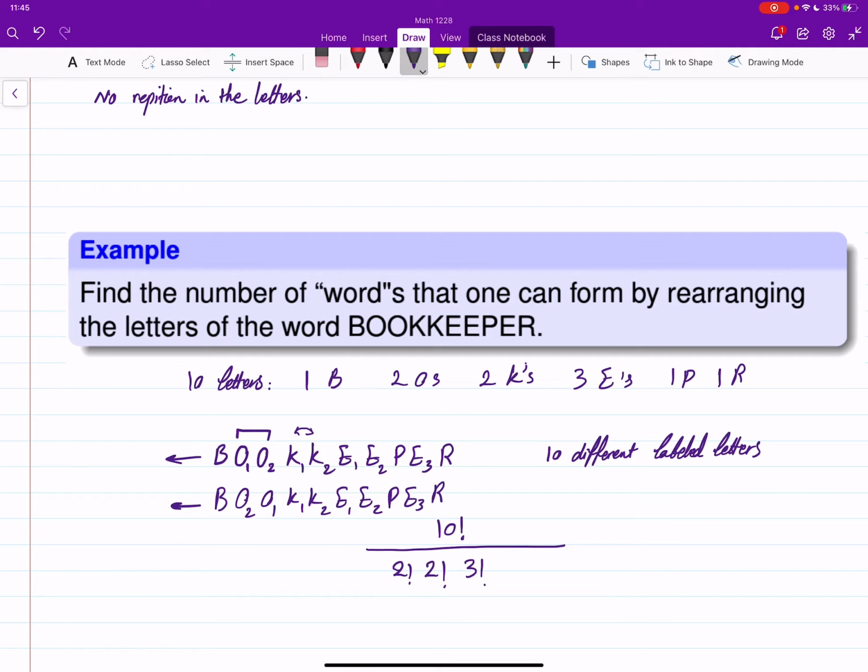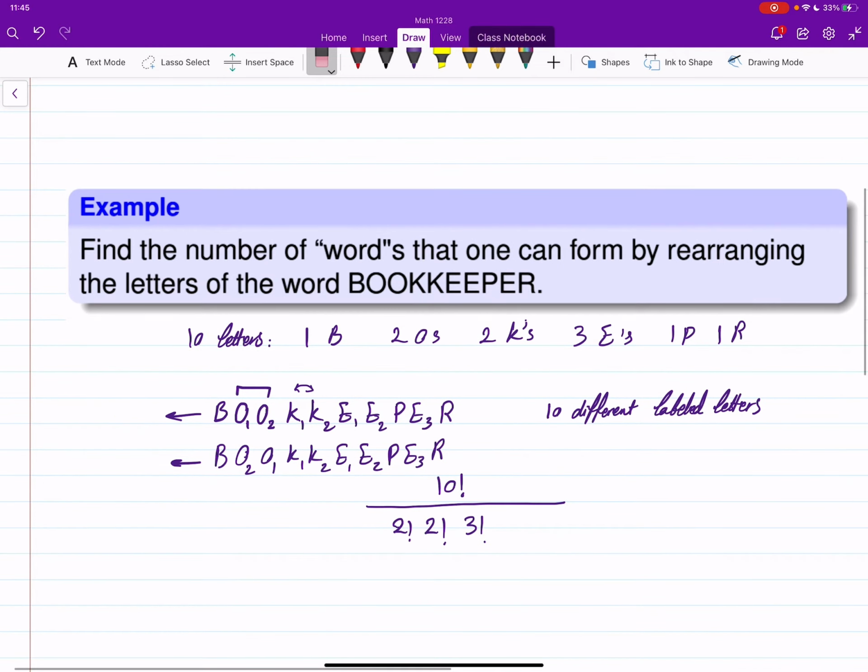When I divide, I have got rid of all the repetition, and we have found the number of ways we can do this. An interesting point is that this is 10 factorial over 1 factorial for B, then 2 factorial for O's, 2 factorial for K's, 3 factorial for E's, 1 for P, and 1 for R. But those 1 factorials are just 1, so I can drop them.